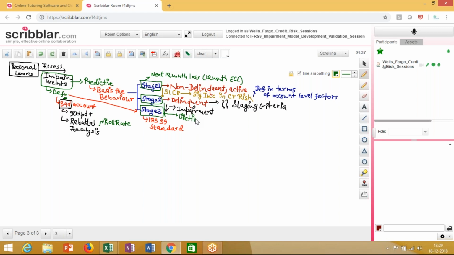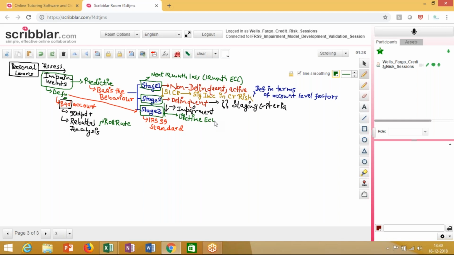In this framework, when we are computing the lifetime ECL, that is where a lot of survival analysis and regression methodologies are going to come into the story.